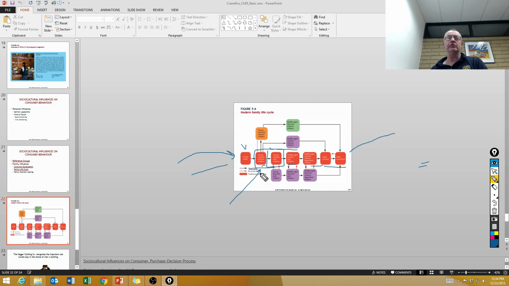These are all expensive items. So economists and marketers like to keep an eye on the rate of household formation, because if you buy a new house, you're going to have to buy appliances. You buy a used house, you're going to have to buy some renovation materials. And so marketers like to keep an eye on the rate of household formation.